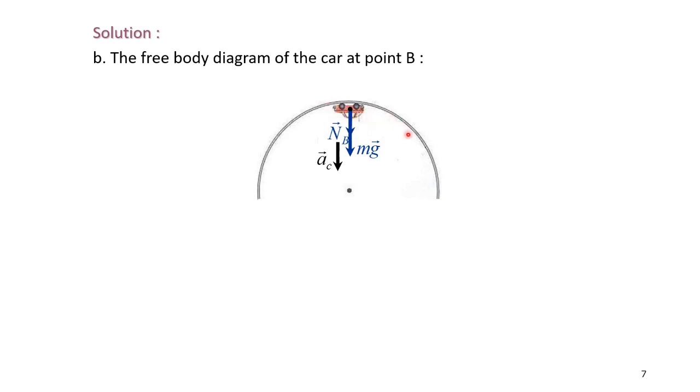So both mg and N are in the same direction as ac. The equation we can write is N at point B plus mg equals mv squared over r.